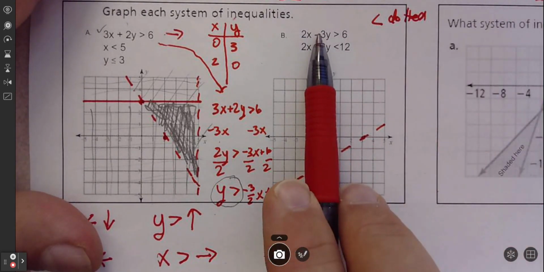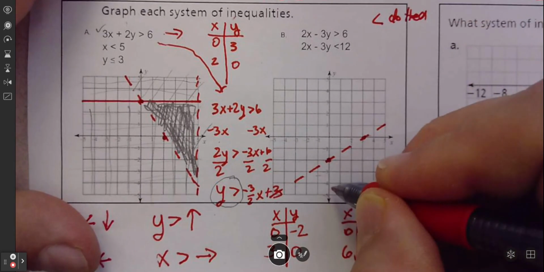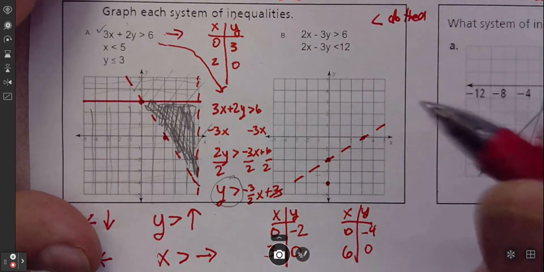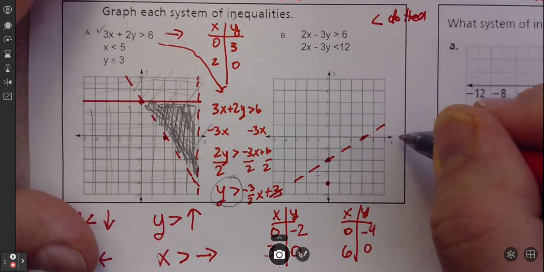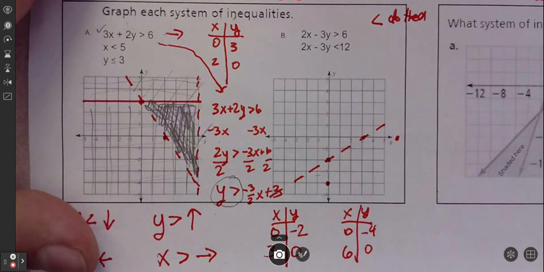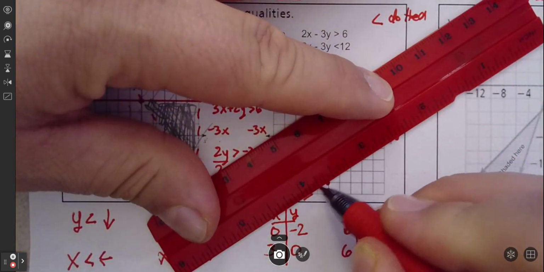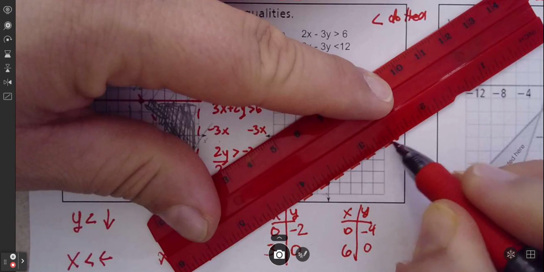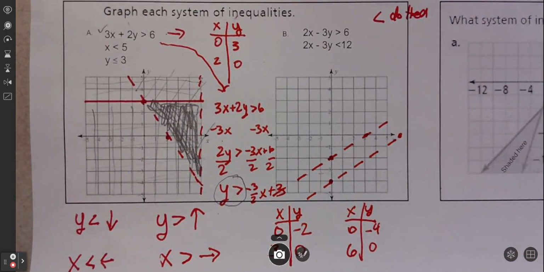Plug in 0 for y, x is 6. Which I think goes off my graph, right? So we'll just go with it. Also dotted. They have the same slope.